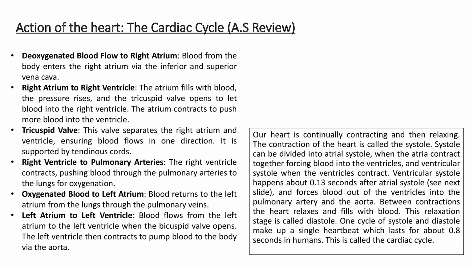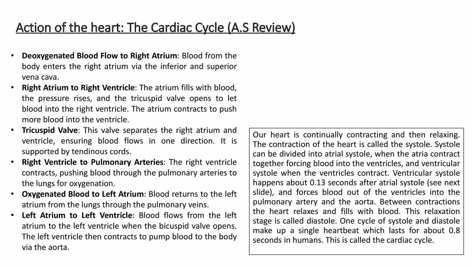Okay, before we move on to the next slide of this chapter, I just quickly wanted to review the action of the heart, the cardiac cycle. Before we start the actual cardiac cycle, I just wanted to let you know the basics. Deoxygenated blood from the body, from the arms, the legs, the head, everywhere, enters the right atrium via the inferior and superior vena cava.